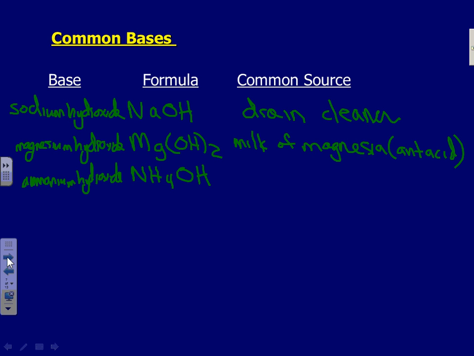Ammonium hydroxide. Yeah, this is general cleaner, window cleaner, you can use it just as a general cleaner. I'm going to put here window cleaner. You don't want to be immersed in a strong concentration of ammonia, but you've probably smelt ammonia before.